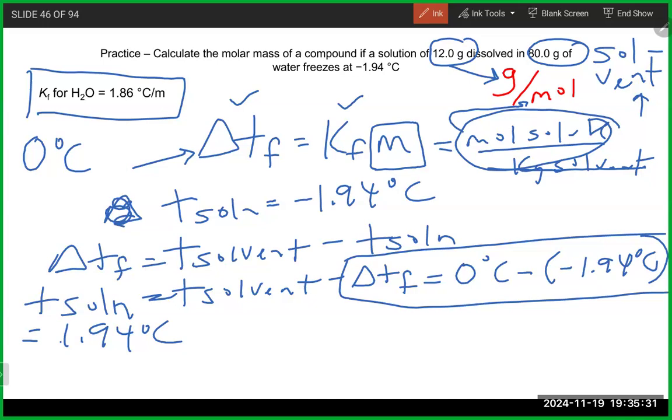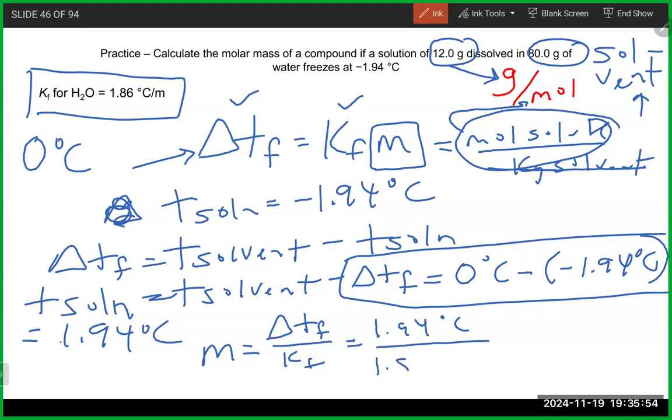So now that we have the actual change in freezing point temperature, we could put it in there, and that would get us that our molality in this case would be our change in freezing point temperature divided by our Kf. That would be 1.94, again, positive, divided by our Kf for water, our solvent, degrees Celsius over molality.